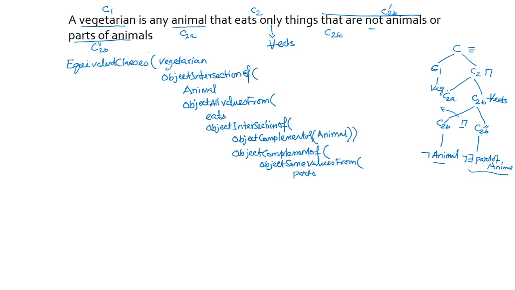The property will be part of, and the class will be animal. We close this, we close the complement, we close the intersection, close the all values from, we close the other intersection and equivalent class. So this is the corresponding functional style OWL representation of this particular statement, and you can see that if we have a complex statement like this, we can look at it in a piecemeal manner and connect the pieces to come up with this complex representation.